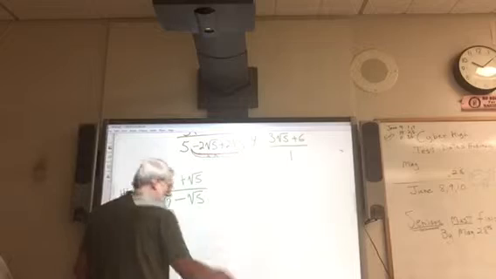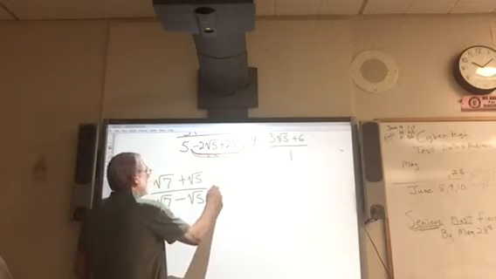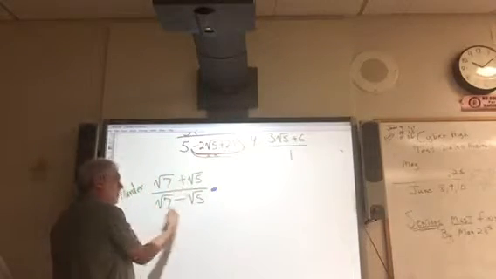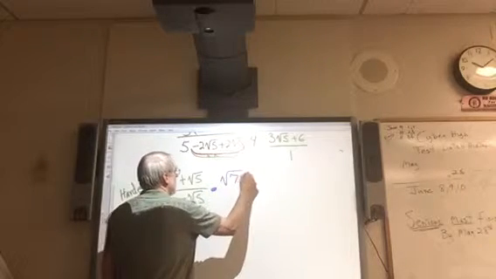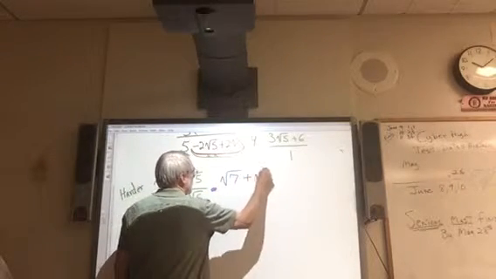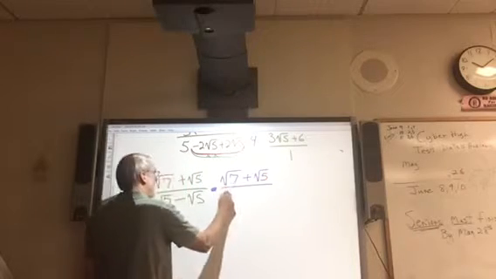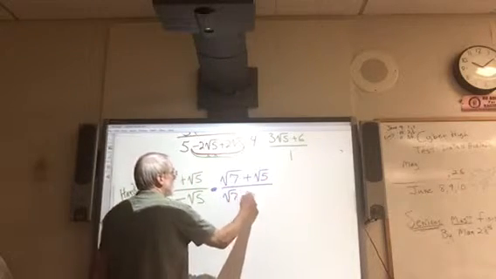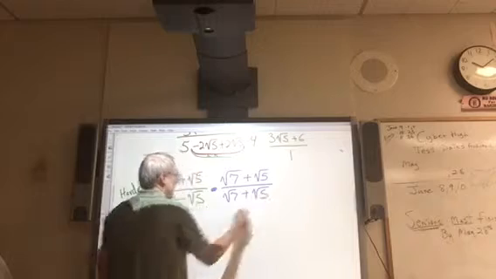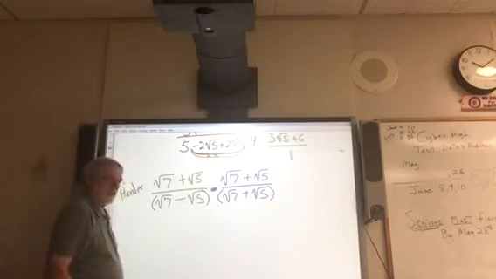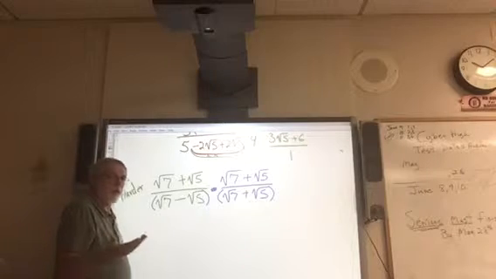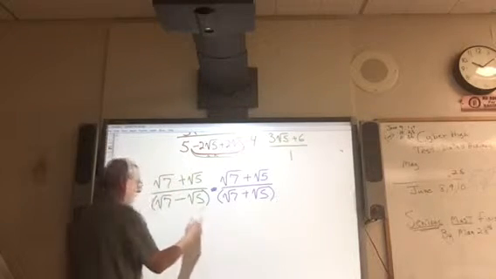We're going to do that same concept here, only this time we're going to use the conjugate of this, which means we're going to multiply by radical 7 plus radical 5 over radical 7 plus radical 5. So these are conjugates. There will be no middle term, no more radicals. Radicals will disappear.